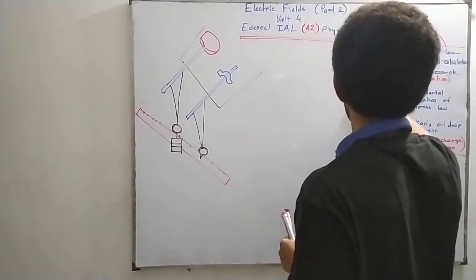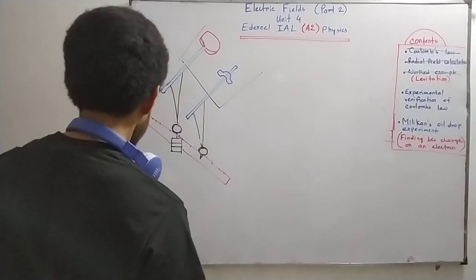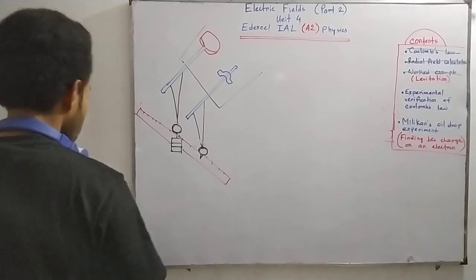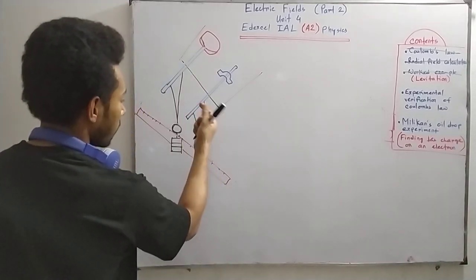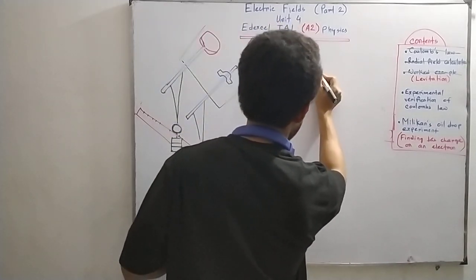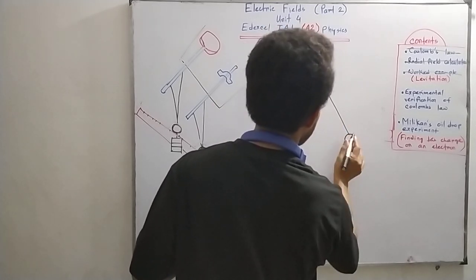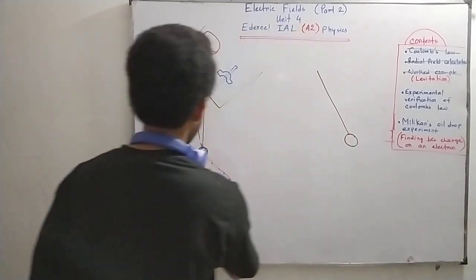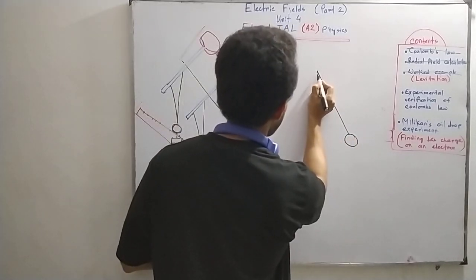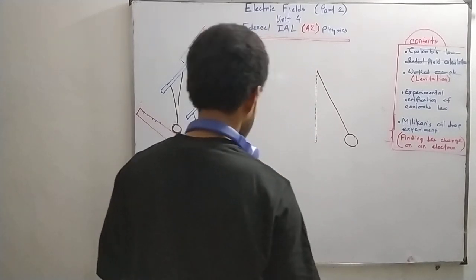Now considering the movement of this one from the front view, a charged, lighter sphere has moved because of the electrostatic repulsion between them.